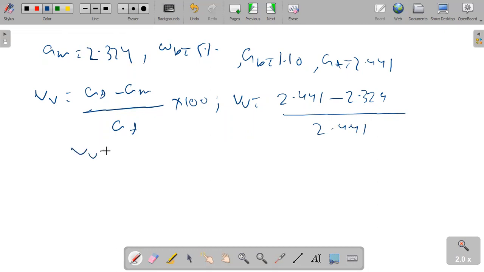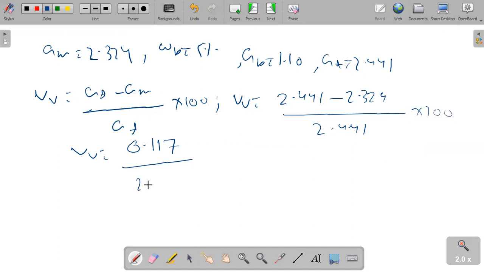Let's calculate this. 2.441 minus 2.324 is equal to 0.117, divided by 2.441, into 100.